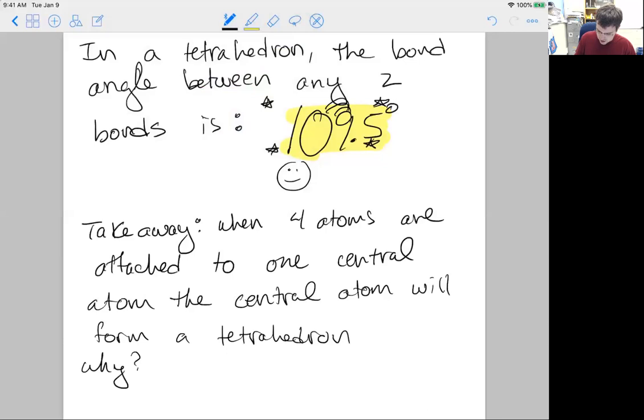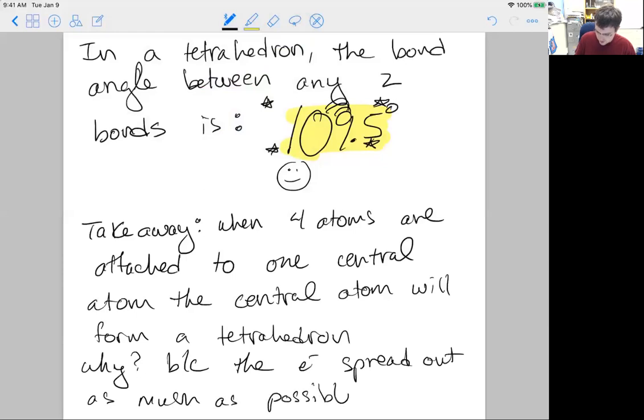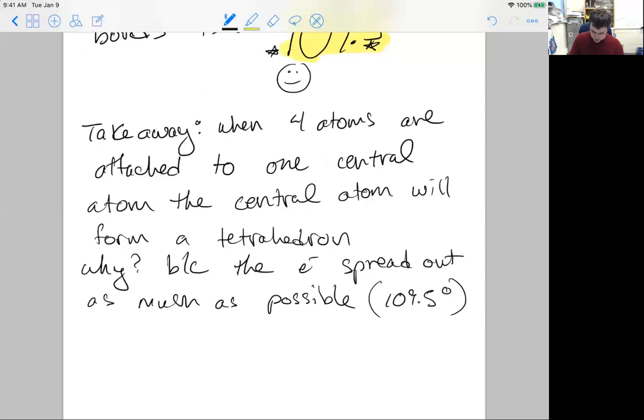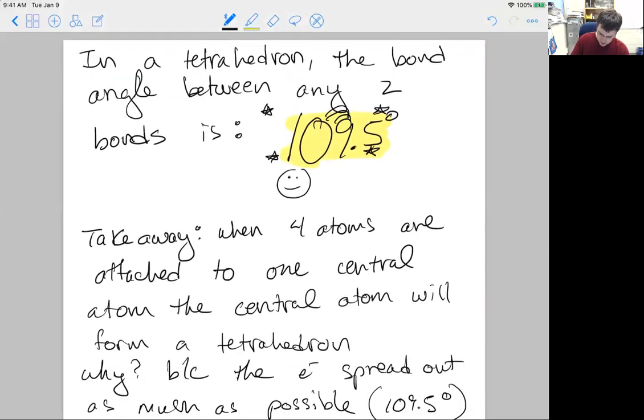Okay, now just to recap, why? Because the electrons spread out as much as possible. That was 109.5 degrees bond angle. Okay, just going back.